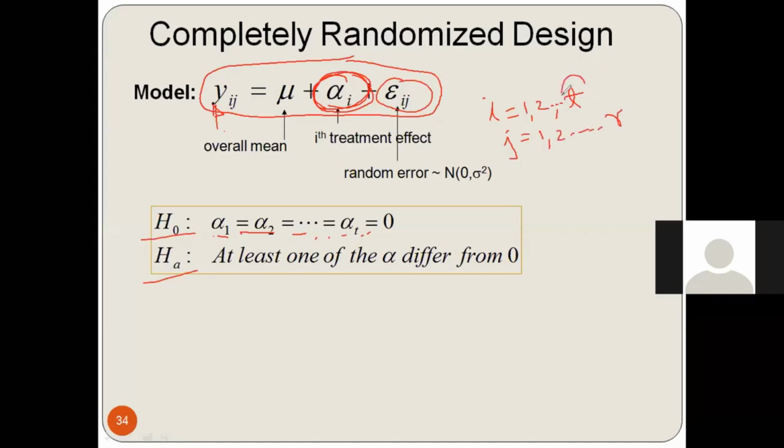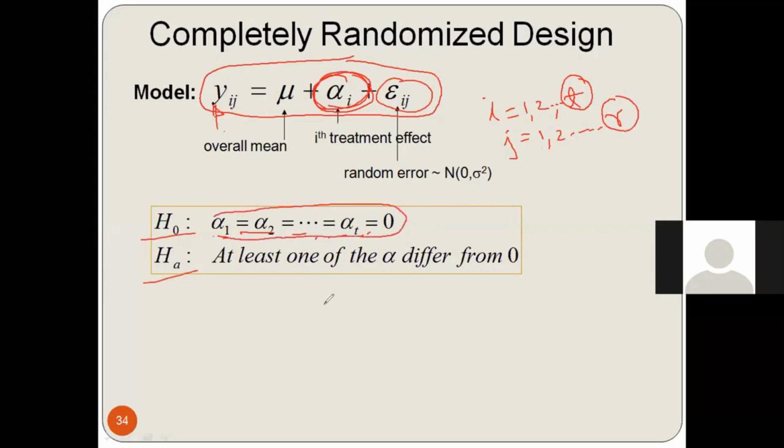Normally the number of treatments is indicated by t, and the number of replicates by r. This information is not available on the screen, so better write it in your notes. Based on that, we can put up our null and alternative hypotheses.